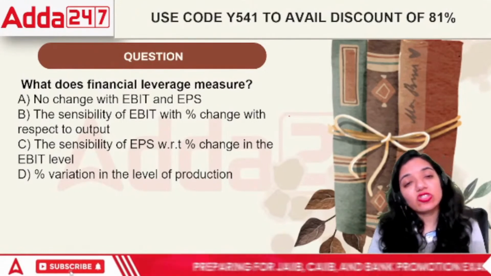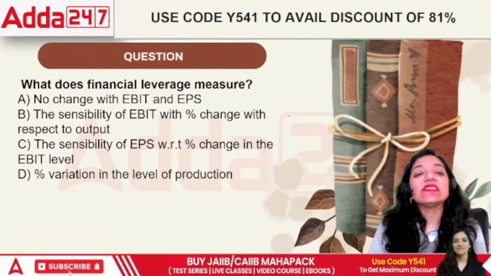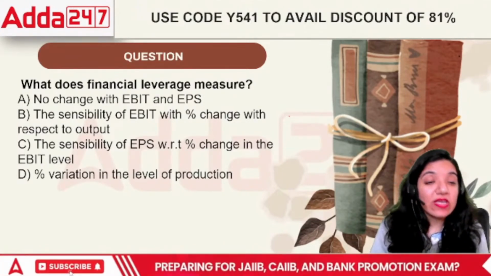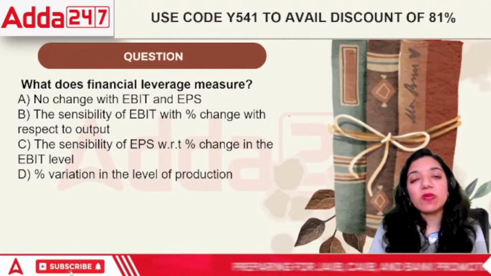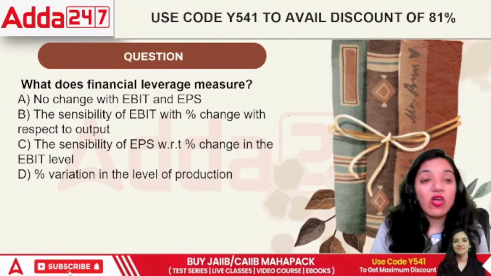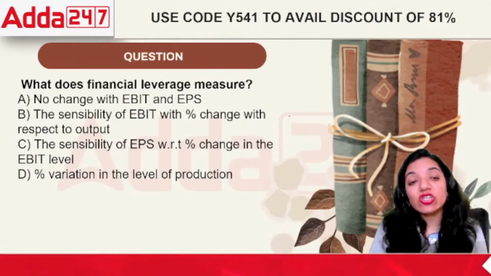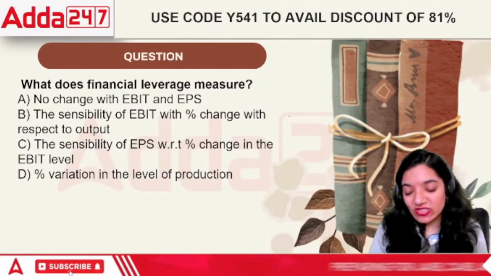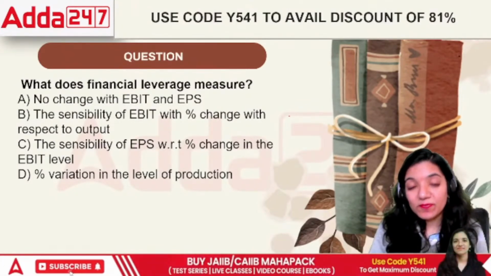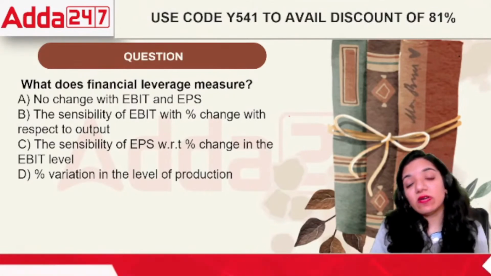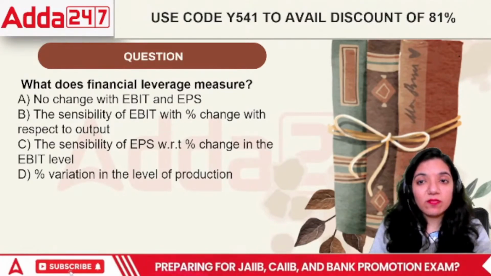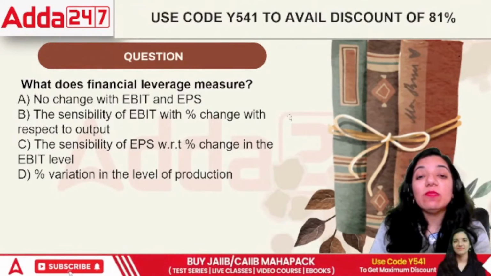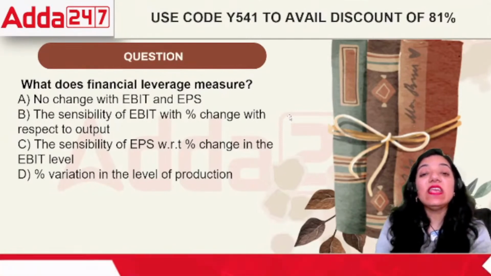First is no change with EBIT and EPS. The sensitivity of EBIT with percentage change with respect to the output. The sensitivity of EPS with respect to percentage change in the EBIT level, or the percentage variation in the level of production. What do you mean by financial leverage? It is the method used to find out how we can increase our EBIT and our EPS overall.